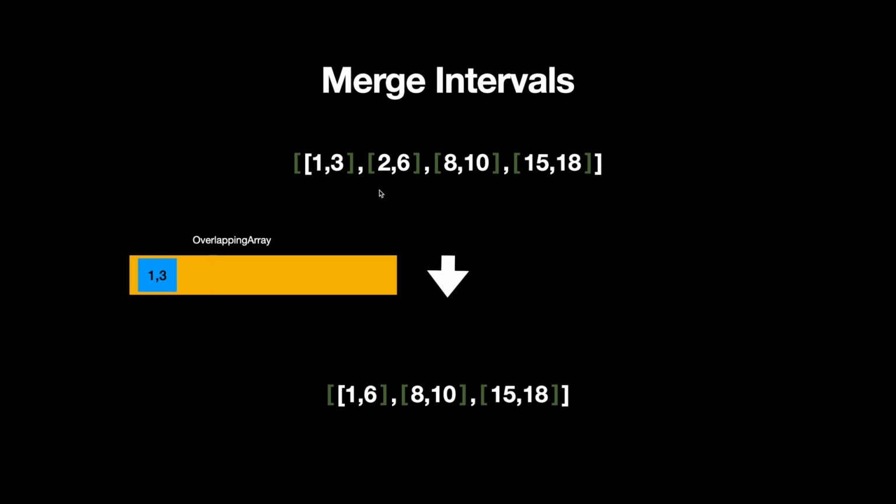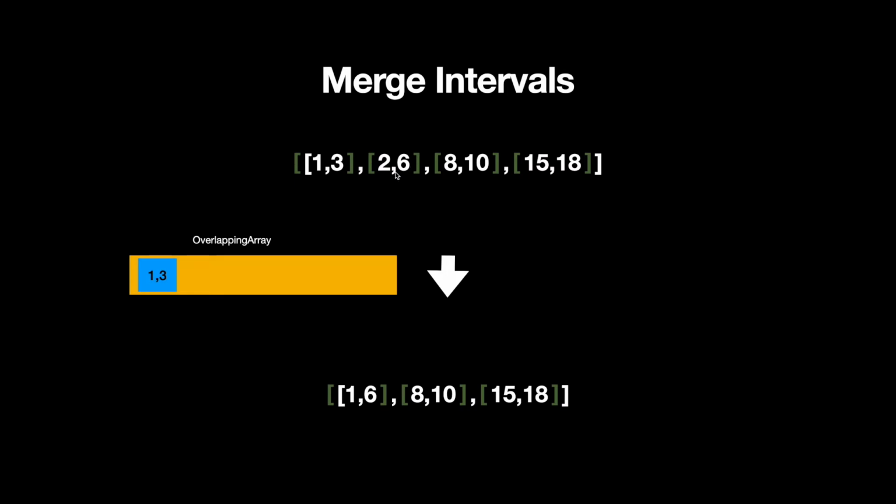So if it is not smaller, 3 is not smaller than 2, it means these two are overlapping. So in that case, we would not insert 2, 6; we will just update 1, 3, the last element in our overlapping array, with the current interval in our loop.